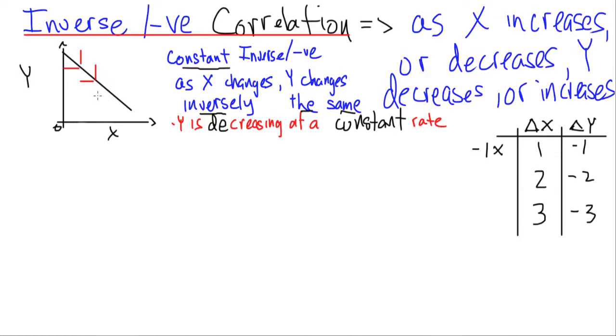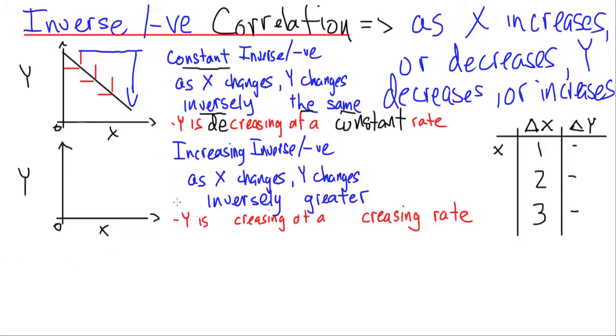And as x increases by the last unit, y decreases by a similar amount. And so because these are equivalent amounts, the curve is straight and it slopes downwards.